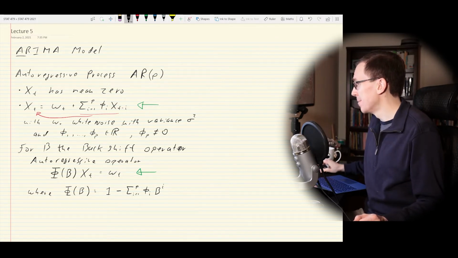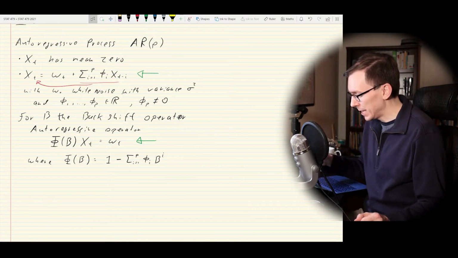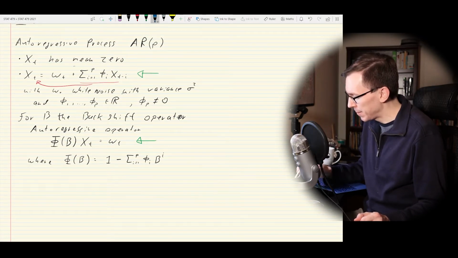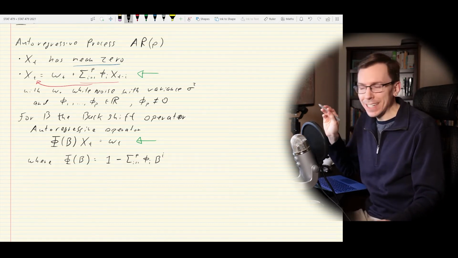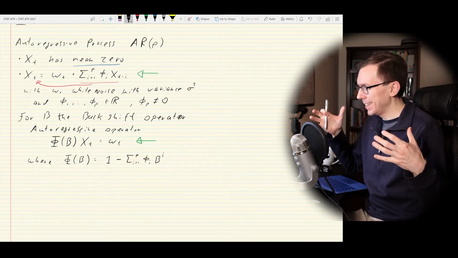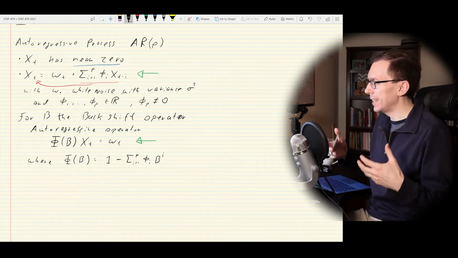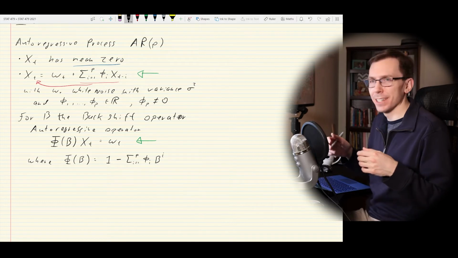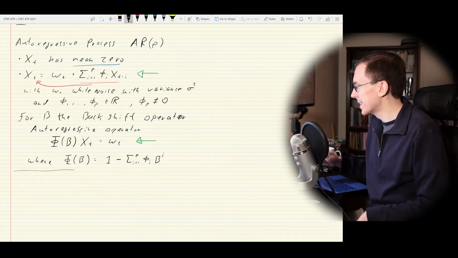Now, one thing I did want to mention is that I said at the beginning that we assume that the mean is 0. Well, we do that more so for convenience. It doesn't have to have a 0 mean, but the point is that we can always write it in such a way that it's a 0 mean process. So let's just try that really fast.